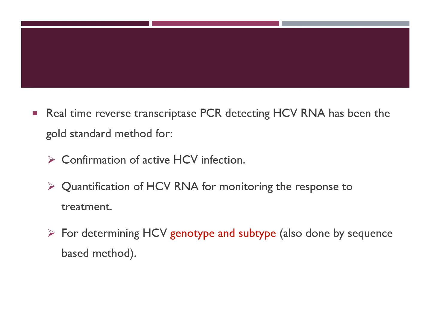That quantification is possible with real time reverse transcriptase PCR to monitor the treatment. And the third benefit is that you will simultaneously know the genotype and subtype of the virus, so that you can choose the treatment according to the genotype. So that is a very important test for diagnosing, for treating, for monitoring the patient.